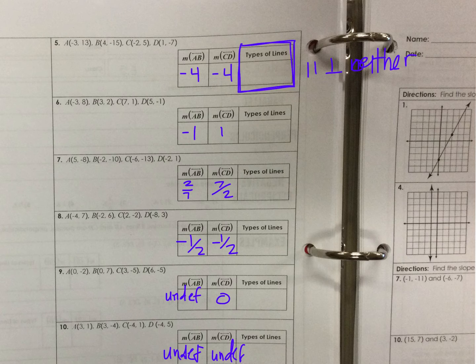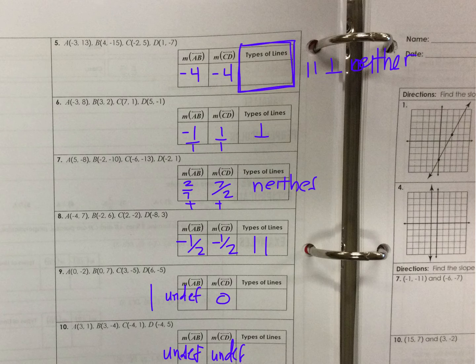Well, one is positive, one is negative, and they're flipped, so these are perpendicular. 2 over 7 and 7 over 2, well, they're flipped, but they're both positive. So they're neither, because they have to be both opposite reciprocals. Negative 1/2, negative 1/2. That's exactly the same, so those are parallel.